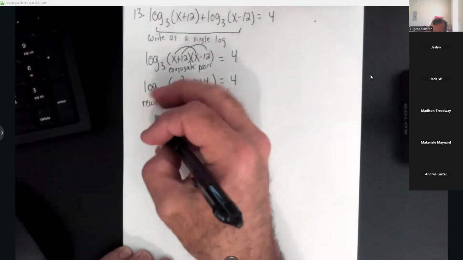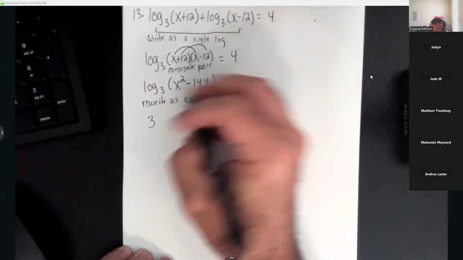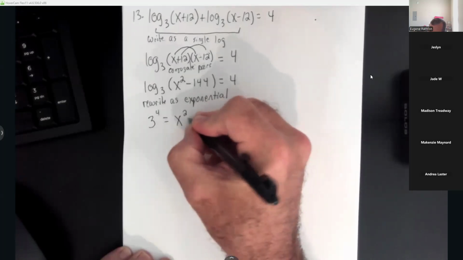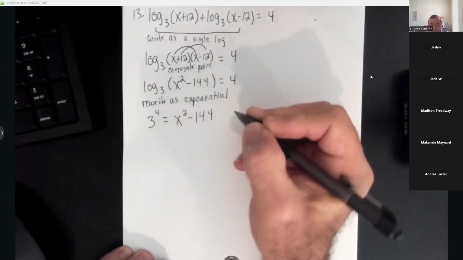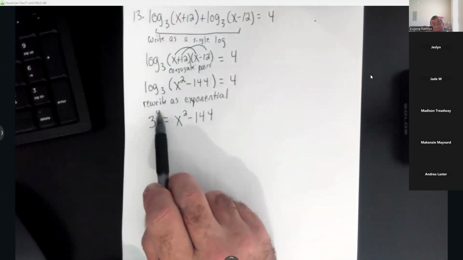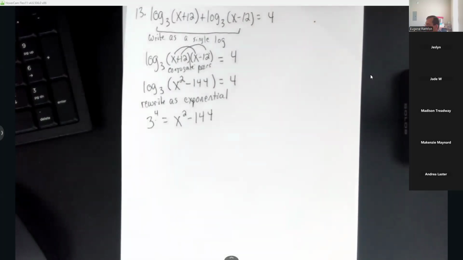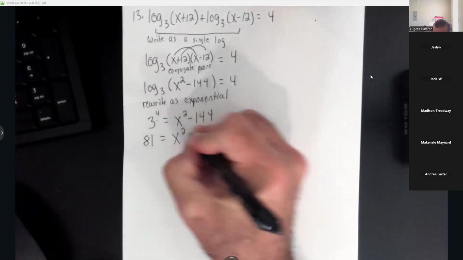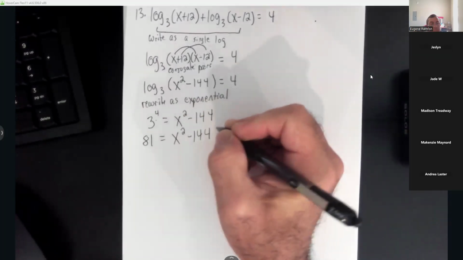I got a base of 3, exponent of 4, and that's going to equal my x squared minus 144. All right, y'all. So what we need to figure out is what 3 to the fourth power equals. What y'all got? 81. Good job. So 81 equals x squared minus 144.